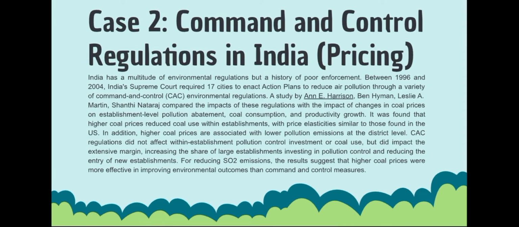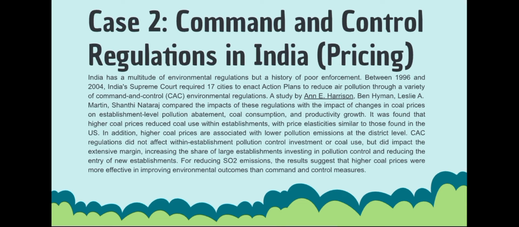Number two, or this is the second case, command and control regulations in India. And now this is in the field of pricing, under Envirodevonomics. India has a multitude of environmental regulations, but a history of poor enforcement.